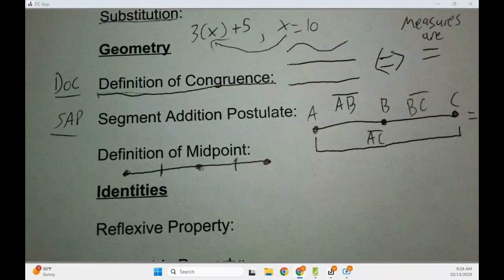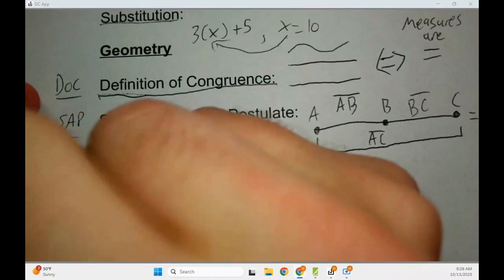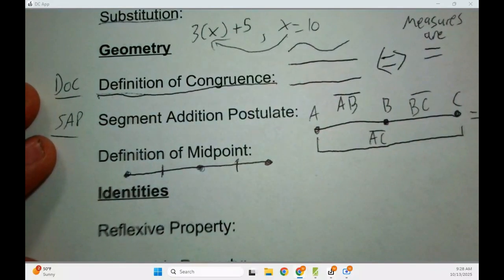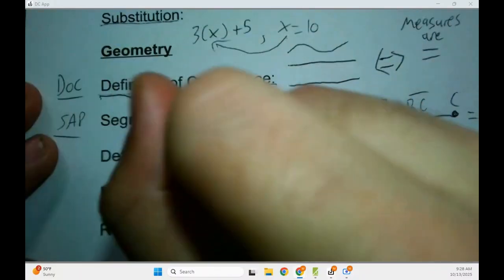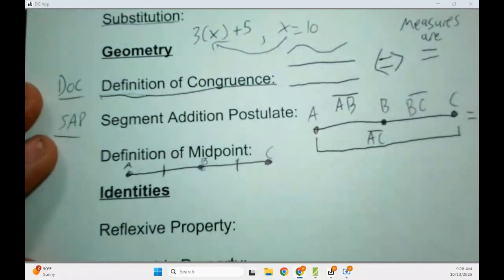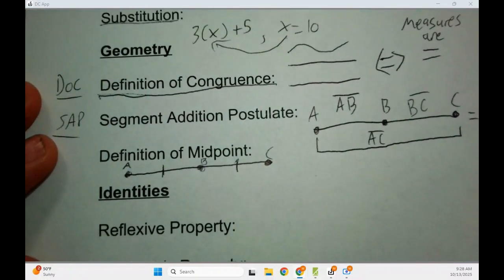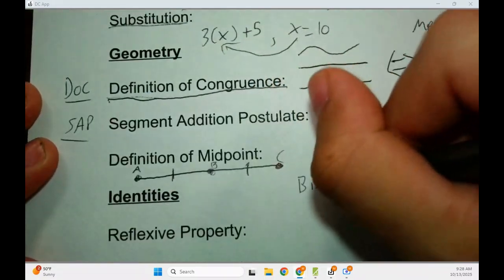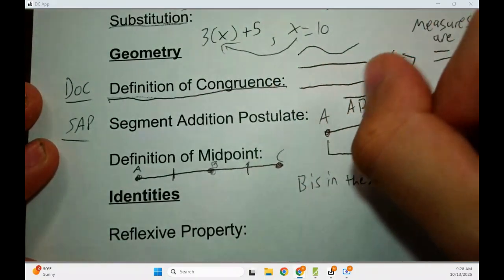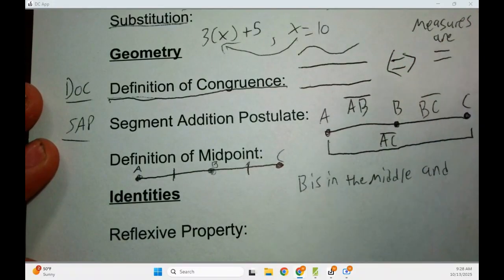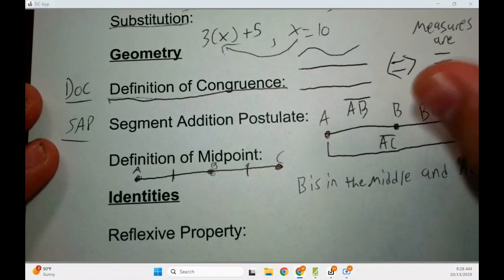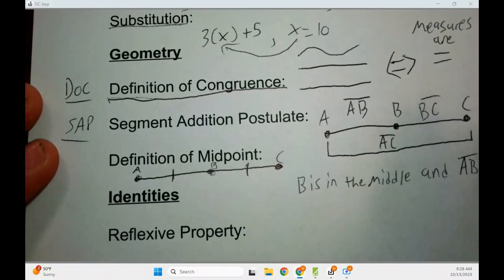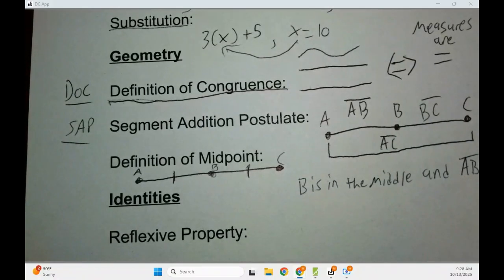And that's typically labeled kind of like this. So if we see this, it tells us immediately this is the definition of midpoint. I have A, I've got B, I've got C, right? If I know B is in the middle and AB is congruent with BC, you see how I wrote this?